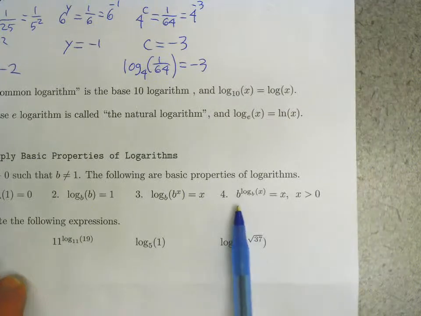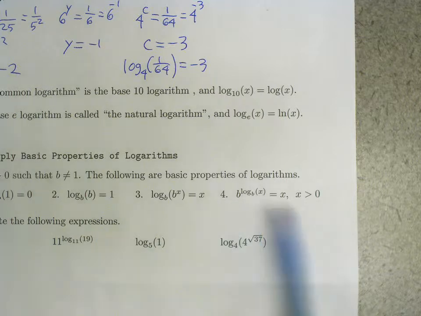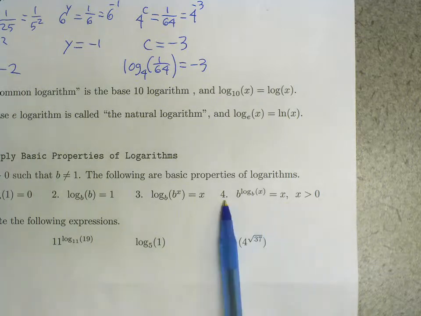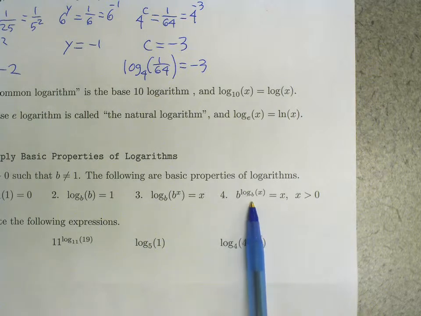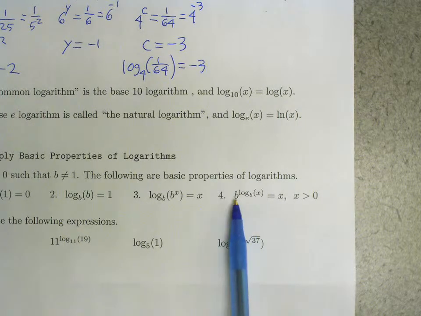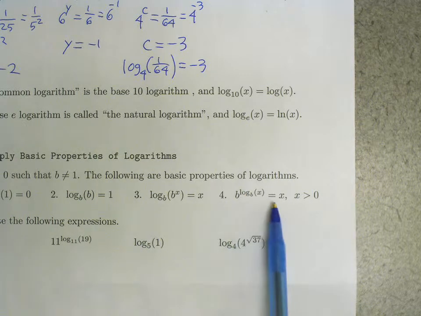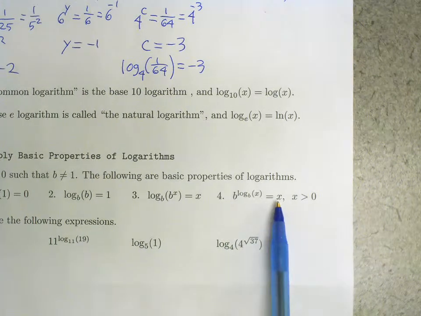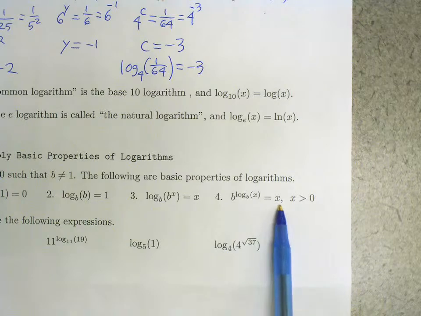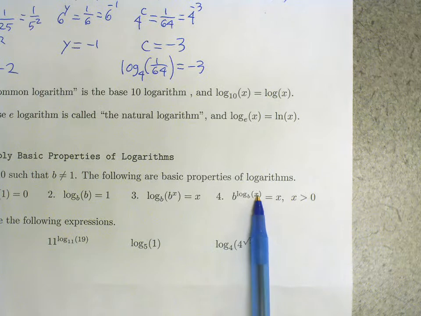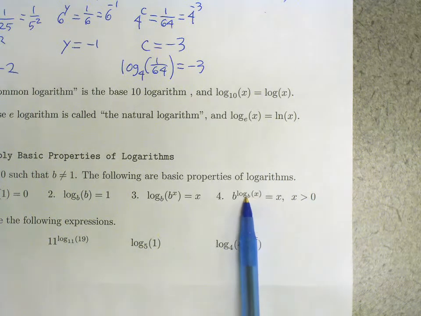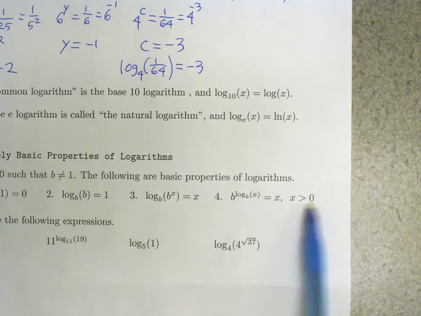And then basic property number 4, well, this is just the definition of the logarithm. Log base b of x is the exponent that b must be raised to in order to produce x. This has a condition, though, that the x value that is the argument of the logarithm must be positive.